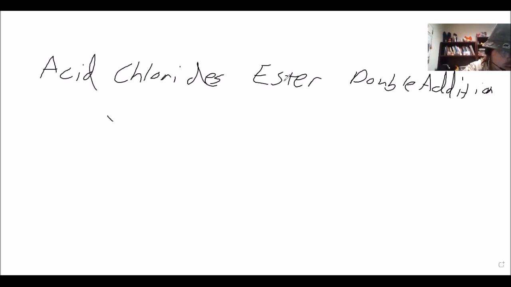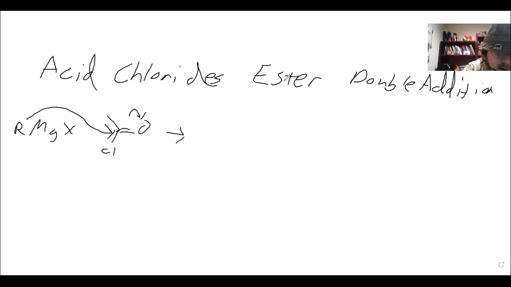Acid halide, so let's just say acid chloride with RMgX. This attacks here, kicks that up. We form our intermediate, with a negative charge on the oxygen.